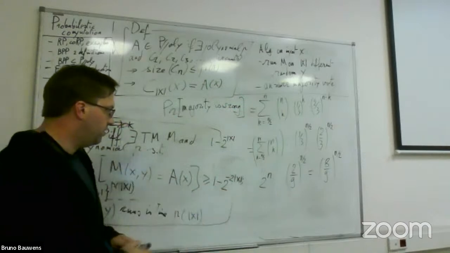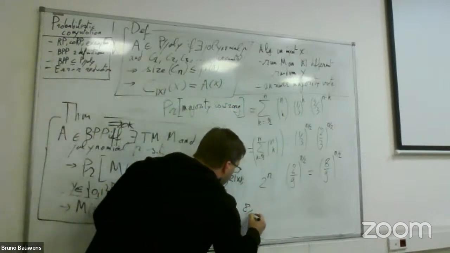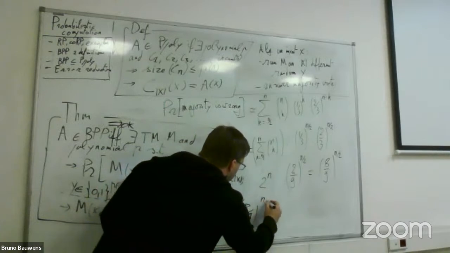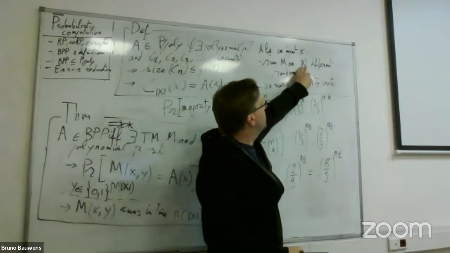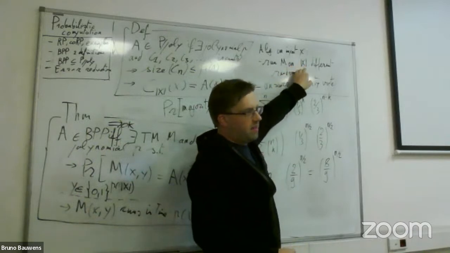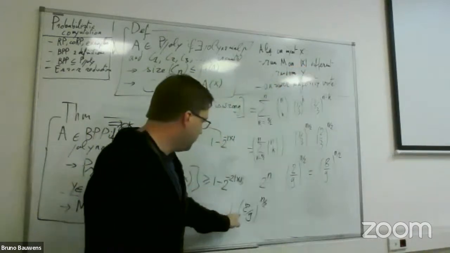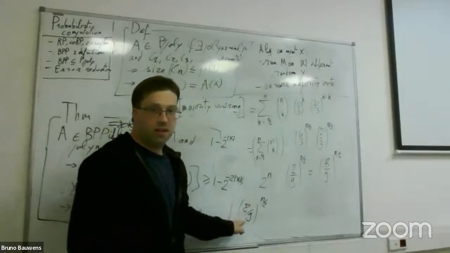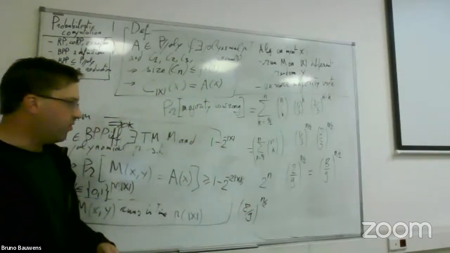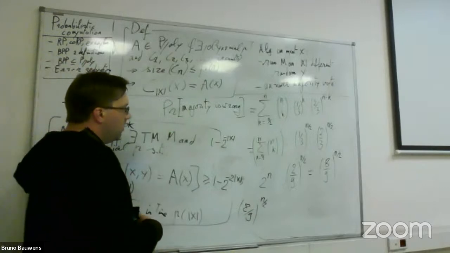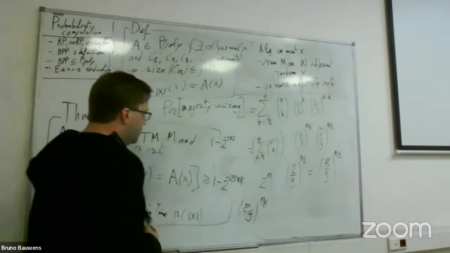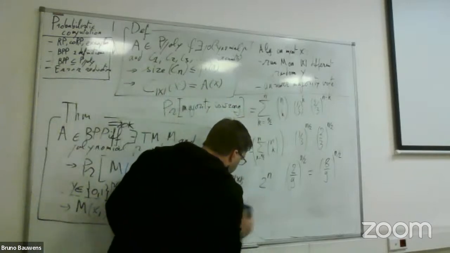I proved it for (8/9) to the power n/2. But if I use not x but cx, like 100 times x, I would get a better power. I could get 1/4, yeah, 1/4 in the exponent. Okay. So now we are good.